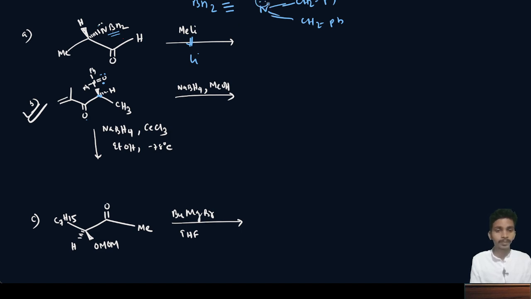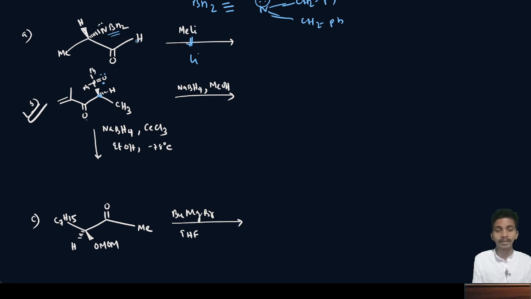So this lone pair is surrounded by bulky groups. Because two benzyl groups are adjacent to this nitrogen atom, the lone pair becomes so bulky that it is not able to chelate with the metal.